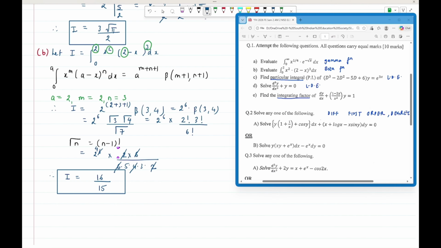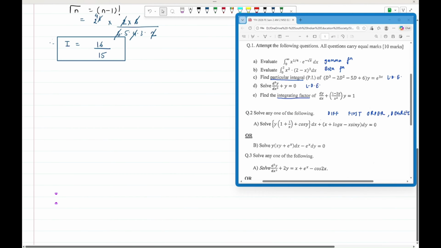So that's sub question 1b. Now let's talk about 1c. In 1c, you can see that we are interested in the particular integral.